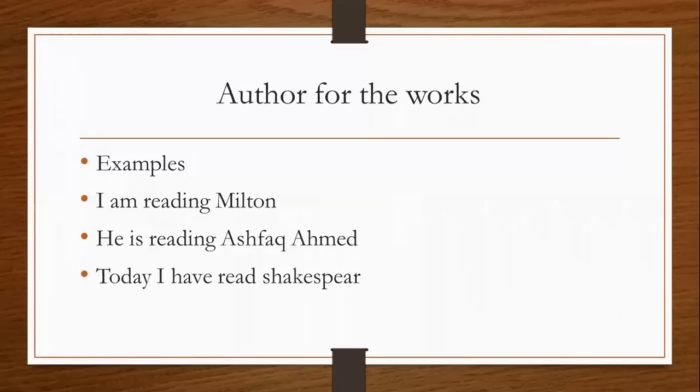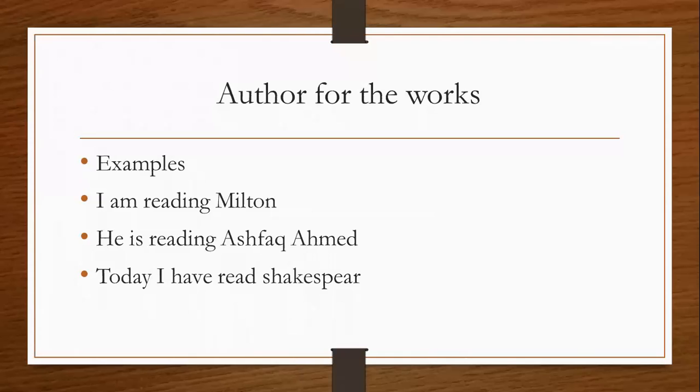Author for the works. Here we do not use the works; instead we usually use the author. We don't use their works. So I'm using two or three examples. "I'm reading Milton."